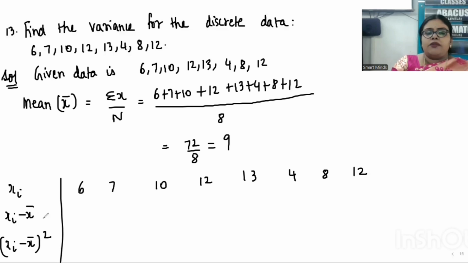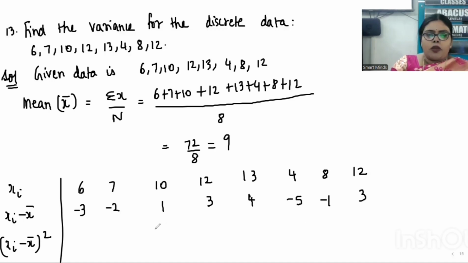So what is xi minus x bar? From each observation, you subtract 9. So 6 minus 9 is minus 3. 7 minus 9 is minus 2. 10 minus 9 is 1. 12 minus 9 is 3. 13 minus 9 is 4. 4 minus 9 is minus 5. 8 minus 9 is minus 1. 12 minus 9 is 3.